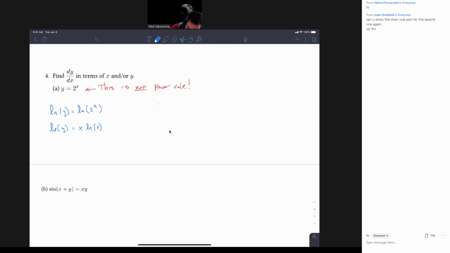And I'm going to be very explicit about this. We take a derivative with respect to x on both sides. Derivative of natural log is 1 over, so this becomes 1 over y.